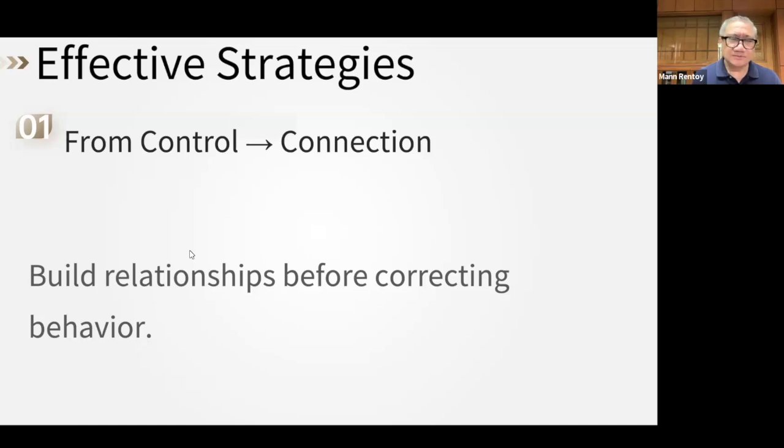From control to connection. Our objective should be to build relationships so that we will be able to get the students to do what we want them to do without having to resort to shouting, screaming, yelling, but because they want to follow the teacher. They see the teacher as a role model. They see the teacher as someone who is genuinely interested in their good, in forming them.